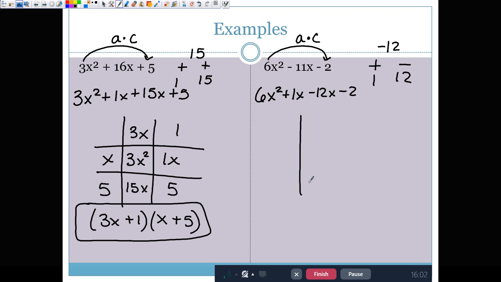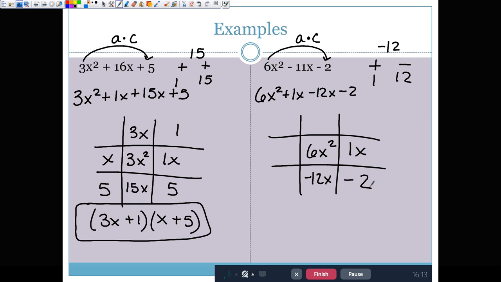I'm going to take my tic-tac-toe board and write out each one of these terms. So 6x squared, 1x, negative 12x, and negative 2. Okay, what is my GCF of 6x squared and negative 12x? No, that's not the largest. 6x, right? Because a 6 can go into 6 and a 6 can go into 12. So I would use this method if you're not good at finding GCFs.